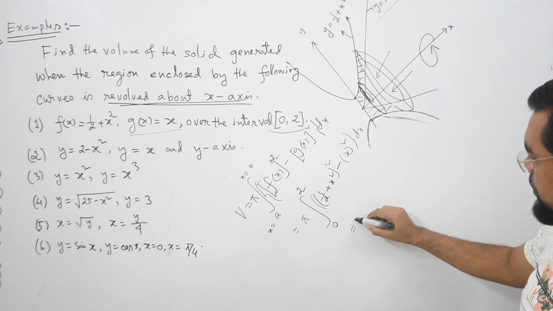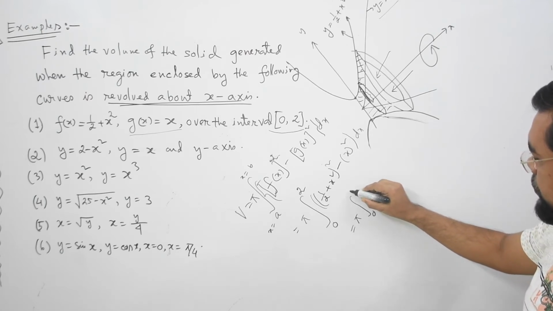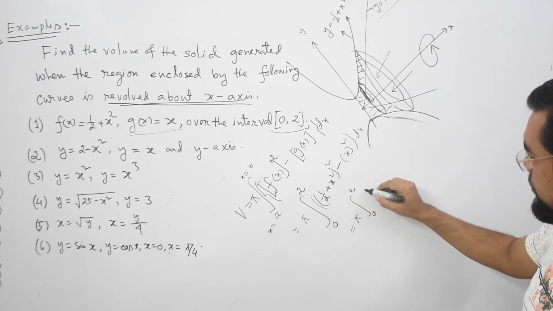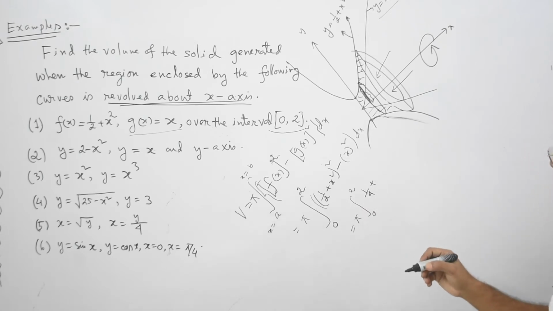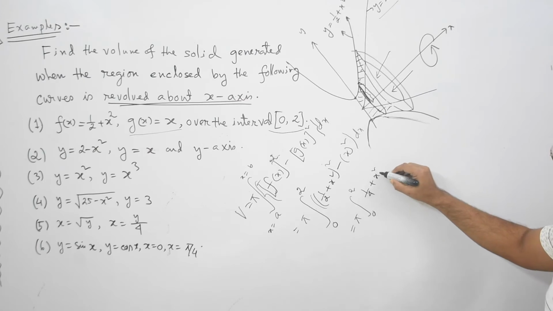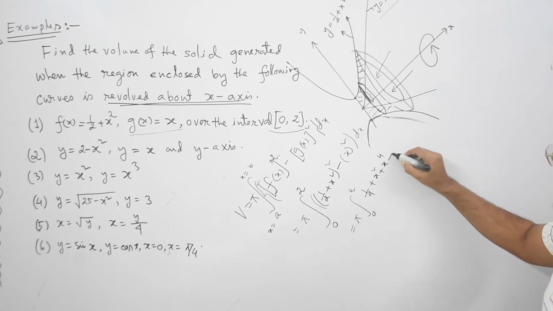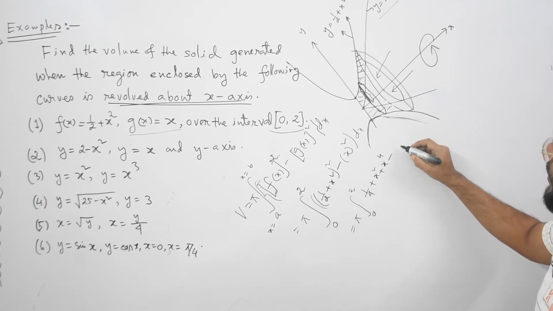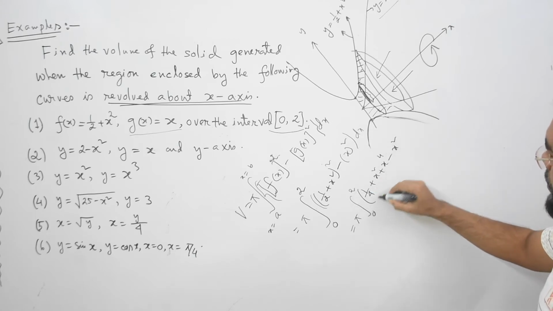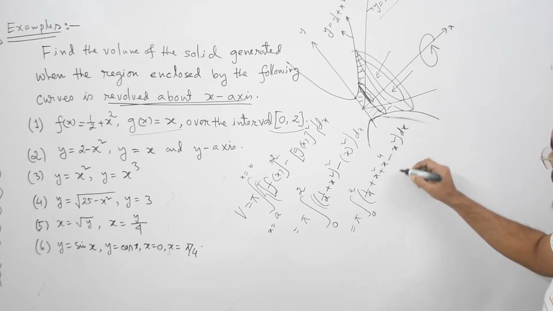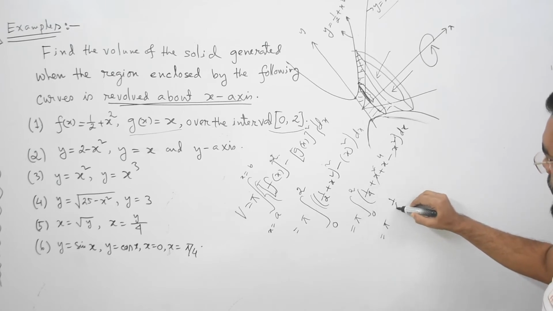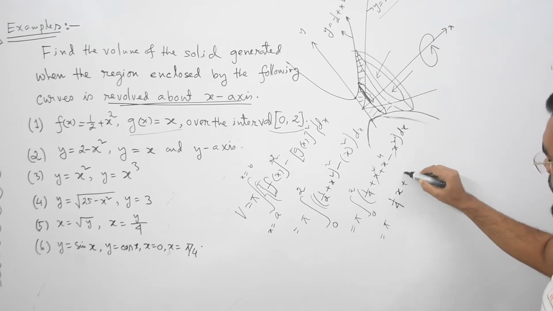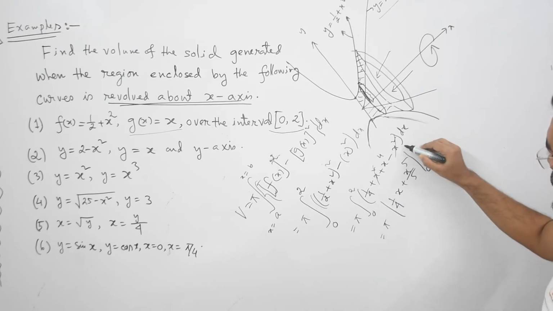Now you can easily integrate it, 0 to 2. Let me first simplify: 1/4 plus x square plus x to the power 4 minus x square dx, and x square will cancel, giving 1/4 x plus x to the power 5 by 5, from 0 to 2.